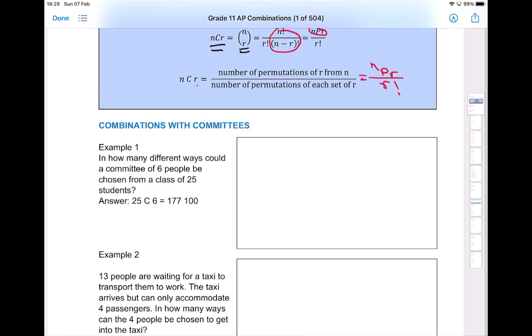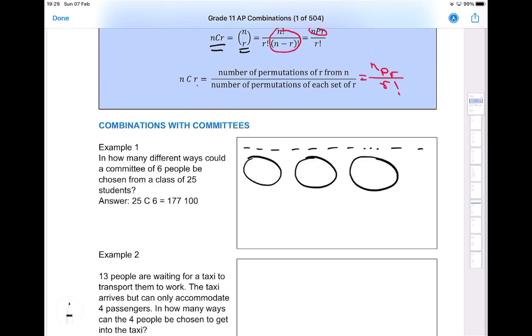So imagine 25 students sitting there, and we are forming committees of 6. We could take anybody into the first group of 6, and we can actually form so many different committees with 6 people inside.